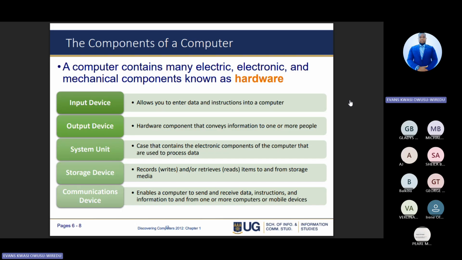Now the mechanical part is the hardware that we are seeing, what makes it work, right? The big things that we see there. Sometimes when you open your computer, you see those things, right? So we have the electric part, the electronic, the mechanical. I'm going to go into details later on, all right?